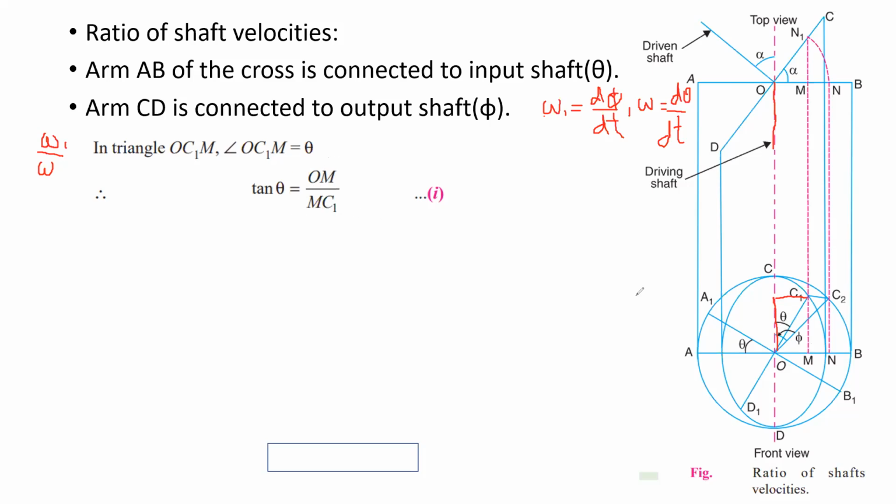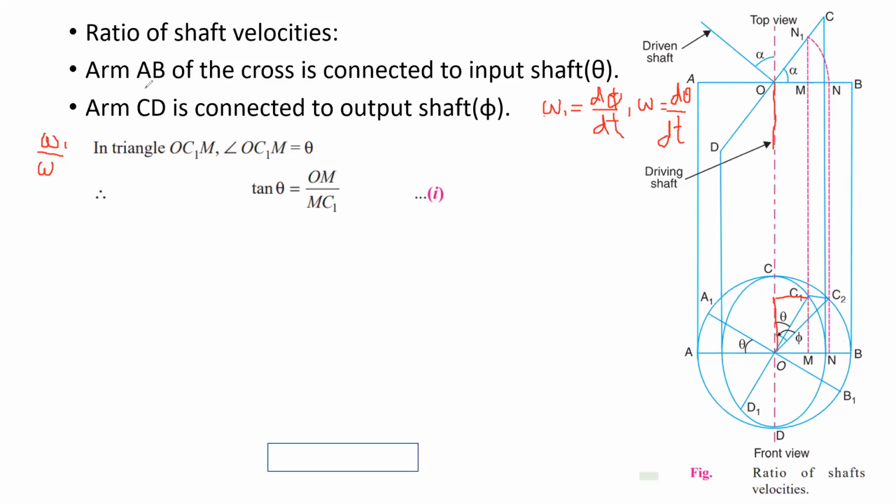Similarly, you can write for tan phi. So what can we write for tan phi here? For tan phi, this distance from C2, what is the distance? ON, upon this distance again, and C2N is equal to C1M.